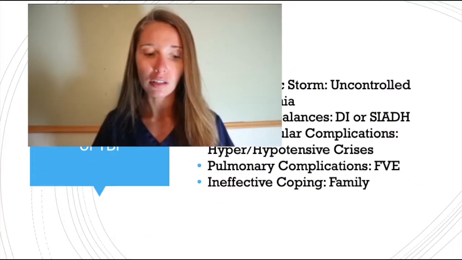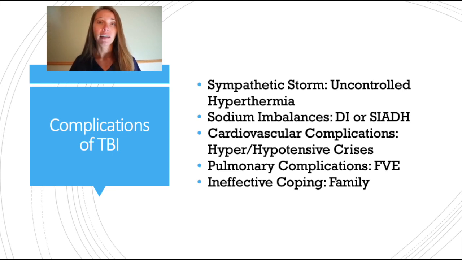Our complications of TBI, so there are many long-term complications, but in the short term, again, remember we want to optimize thermodynamics and temperature regulation. So if your patient has uncontrolled hyperthermia, that's a problem. They may need a cooling blanket or a cooler temperature in the room, or maybe even ice packs. We can also have imbalances in sodium.